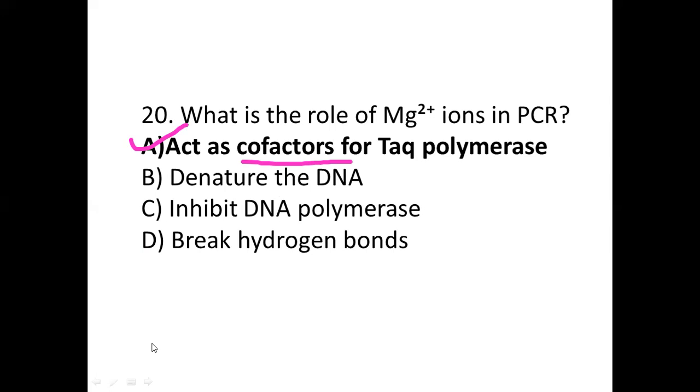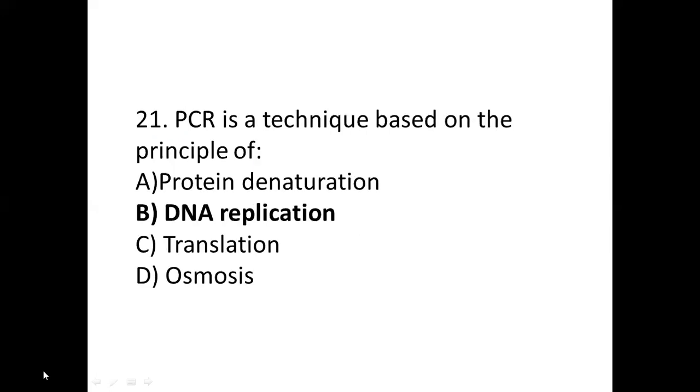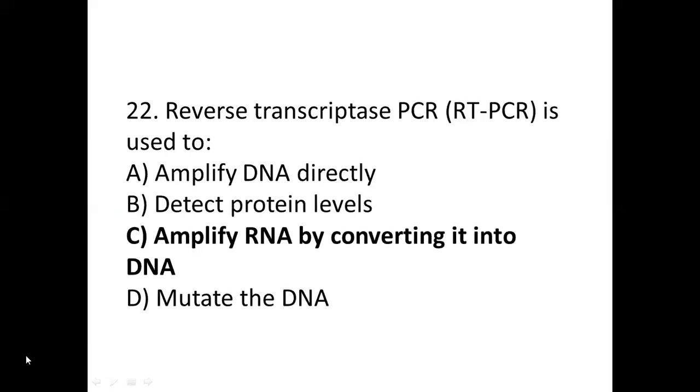Done. Next question. PCR is a technique based on the principle of DNA replication. How will DNA replication occur? Synthesis. The PCR technique works in a semi-conservative manner. Reverse transcriptase PCR is used to: transcription is where DNA is converted into RNA.